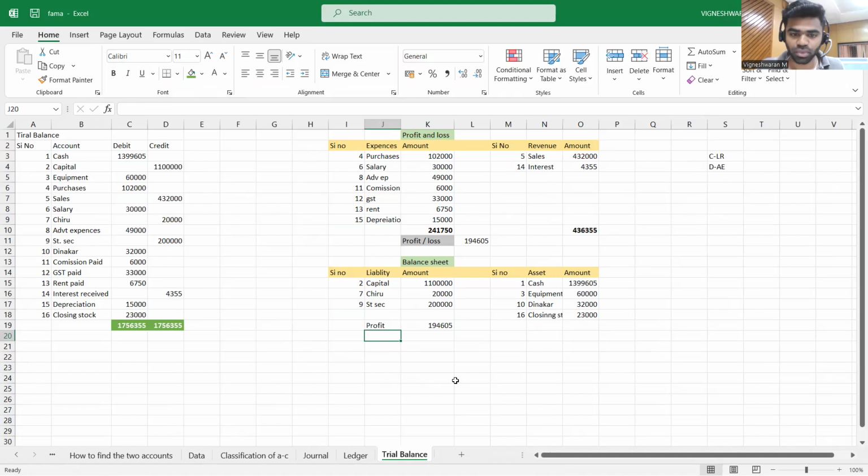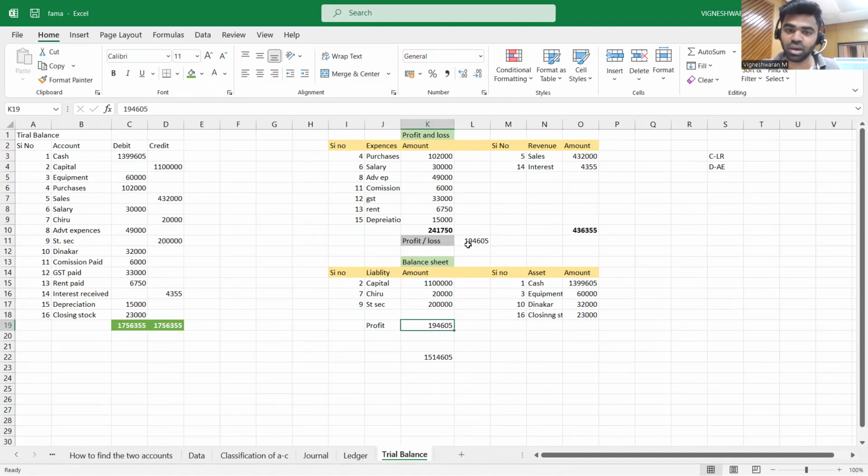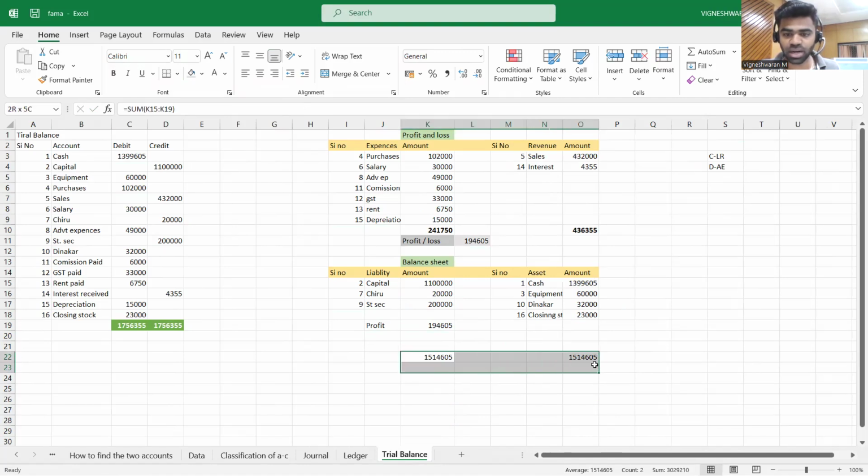Now if we simply put the sum. I put profit or loss in the liabilities because in a company, whether it is a profit or a loss, it is always a liability. That's why I calculated the profit and loss and included it in the balance sheet. See, the balance sheet is balanced.